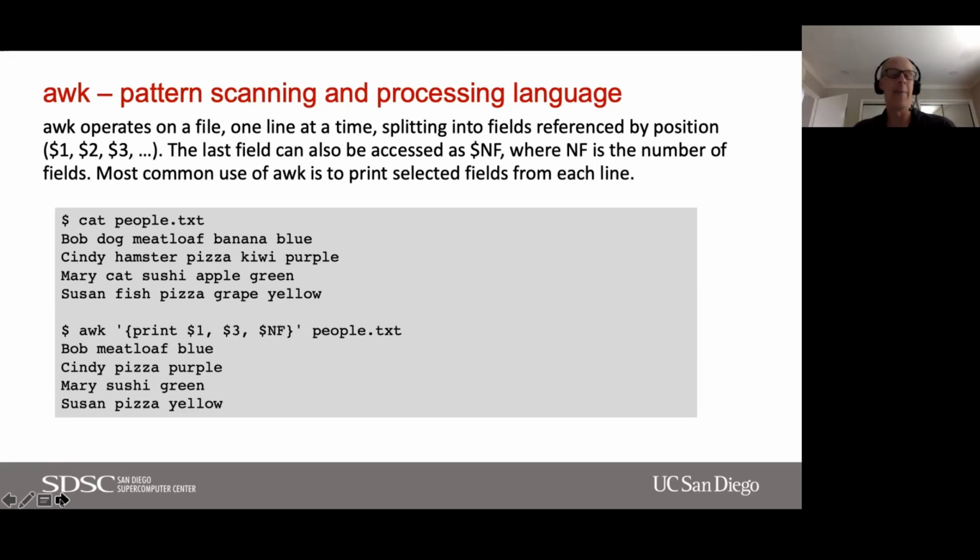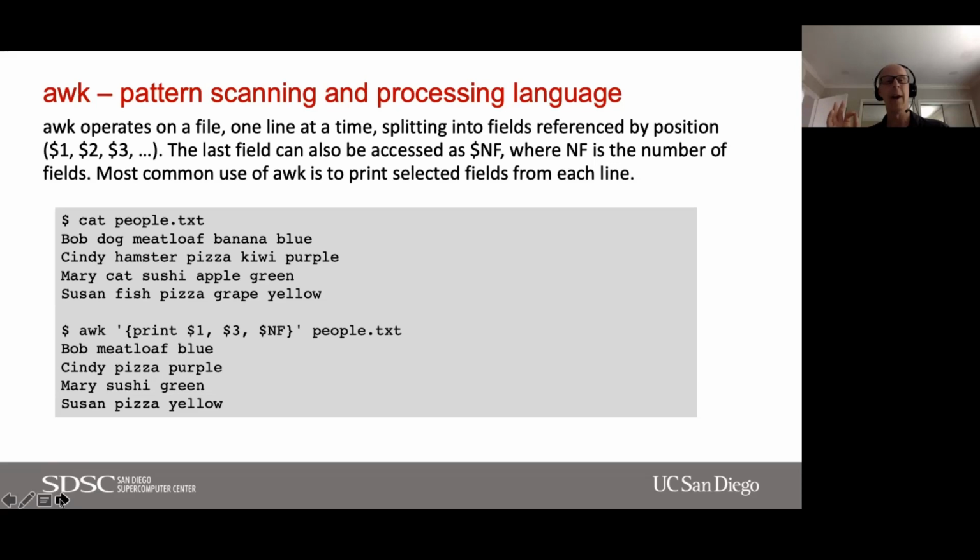You can see, for example, for myself, I listed dog, I love meatloaf, I love bananas, my favorite color is blue, and so on for the others. But let's say that I just wanted to extract some of that information. I just want that first column, third column, and the last column. So our names, our favorite food, and our favorite colors.